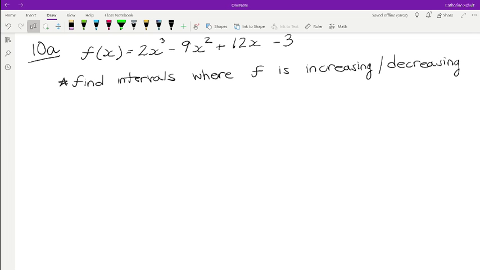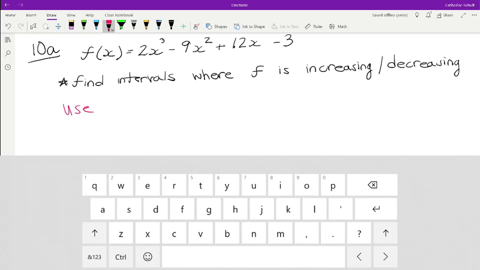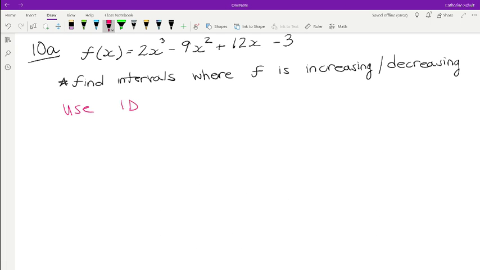By the ID test, to do this, we have to figure out where our derivative is positive and where it's negative.